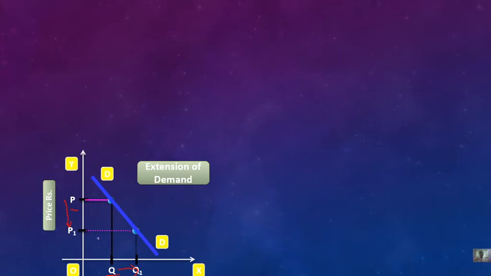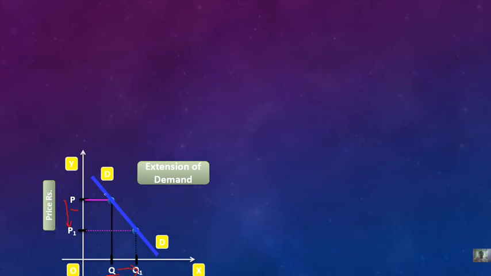The dotted line shows change, and this line shows original P and original Q, that is P and Q show original price and original quantity, and P1 and Q1 show fall in price and rise in quantity demanded. Due to fall in price, there is rise in quantity demanded.